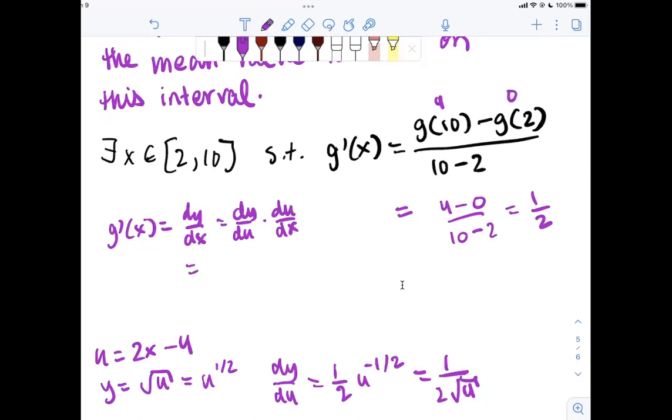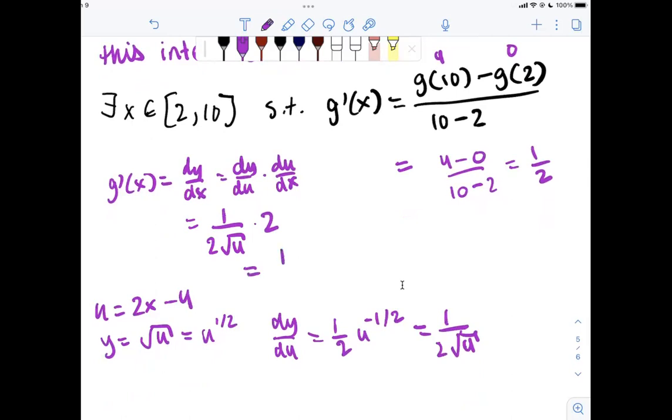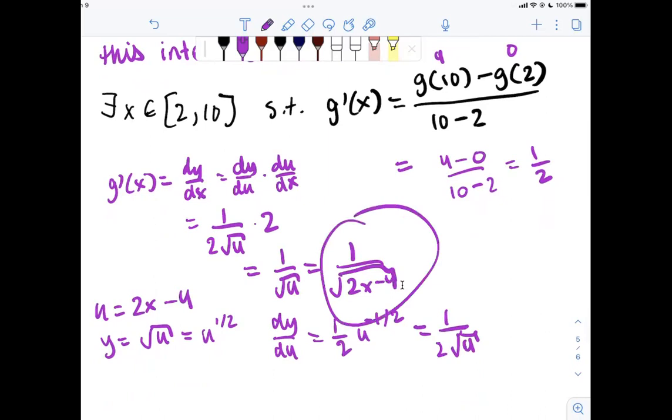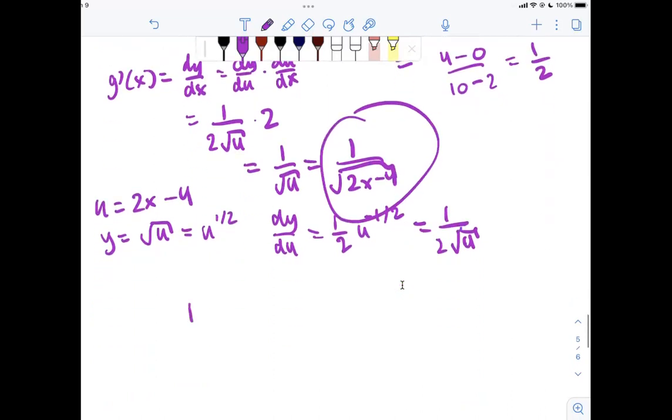So this is going to be 1 over 2 times the square root of u times du/dx, which we're just going to plug in here. So that's going to be just 2. So the final answer is 1 over the square root of u. And we can substitute for u. So that's 1 over the square root of 2x minus 4. And so that's our derivative.